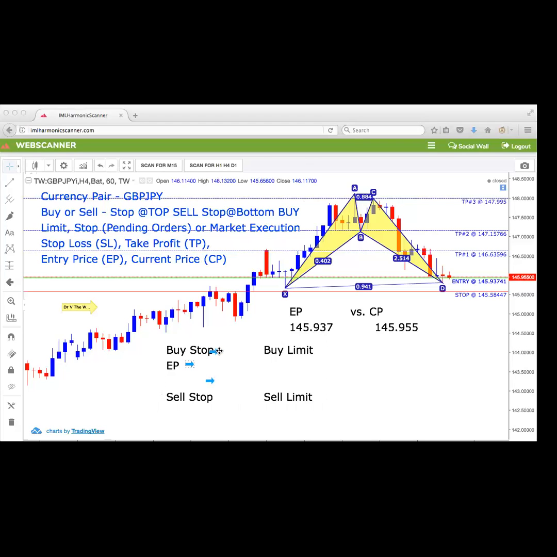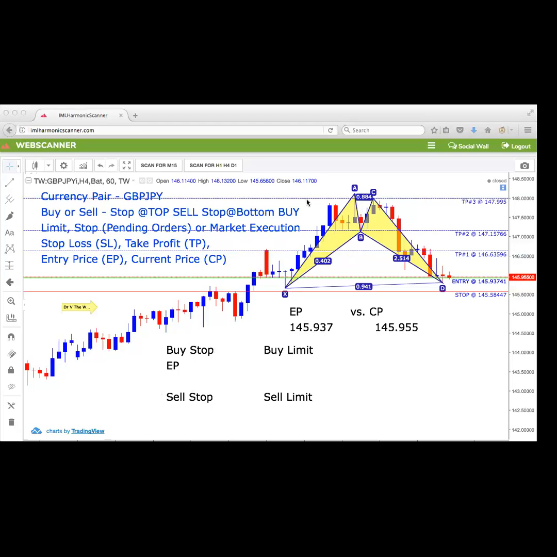Your entry price, Lord, I got all the little arrows. I'm trying to turn it. I might have to use another thing. I don't have an arrow going the way that I need it to go.